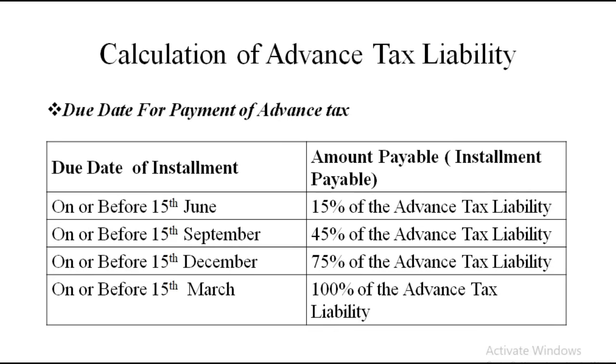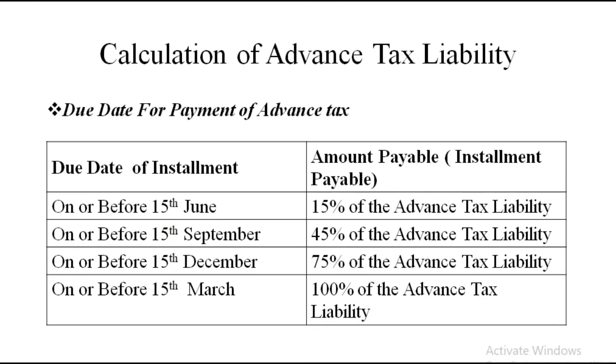Now it is said that if the due date is on or before 15 June, the installment payable amount will be 15% of advance tax liability. If it is paid on or before 15th September, then it will be 45% of the advance tax liability. If it is on or before 15 December, it will be 75%.